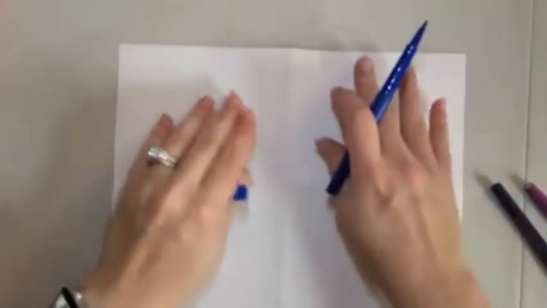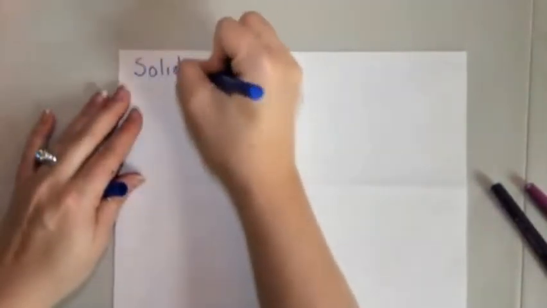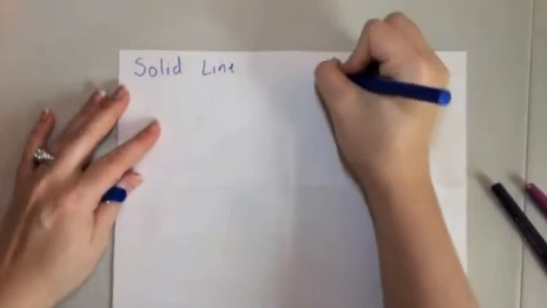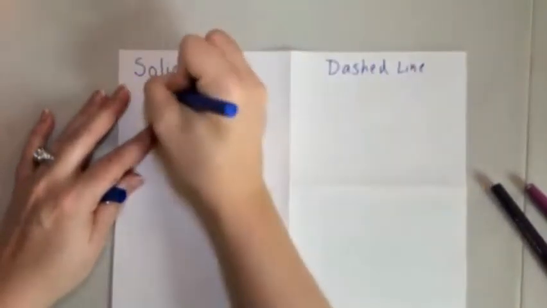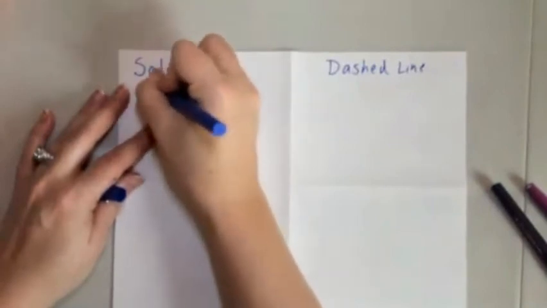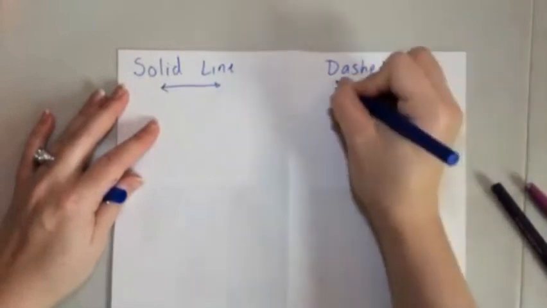All right, at the top, I'm going to write solid line versus dashed line. Remember, our solid lines look like this, and I'm going to draw a dashed line as well.